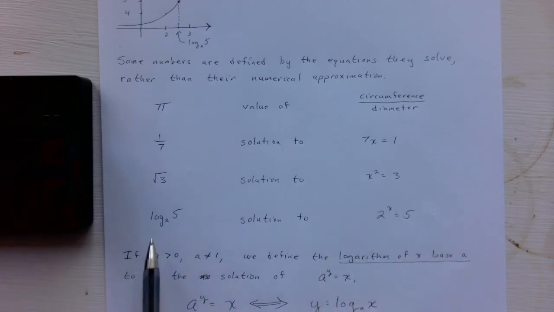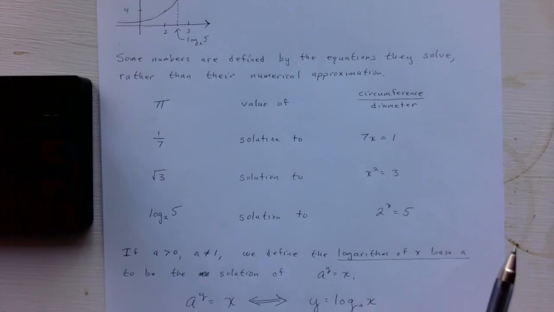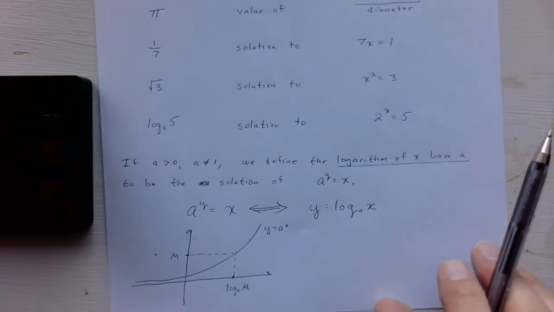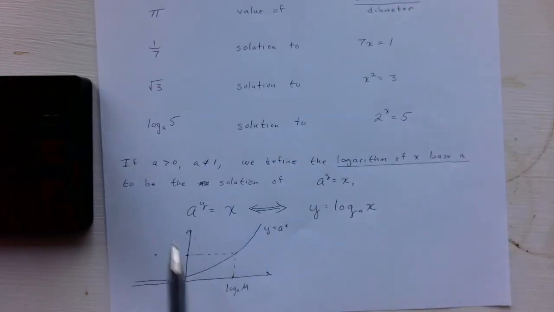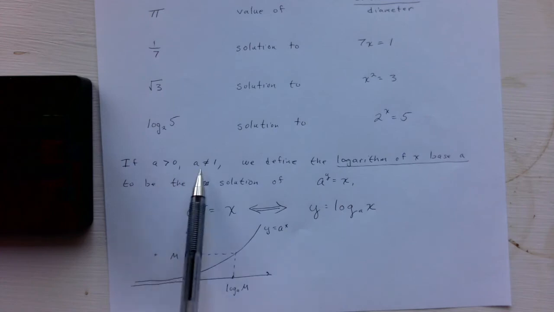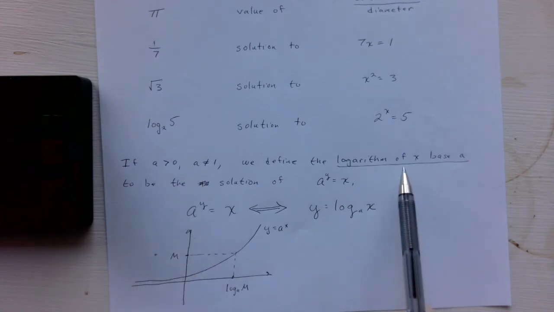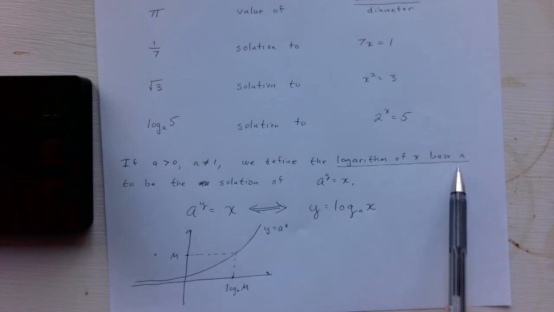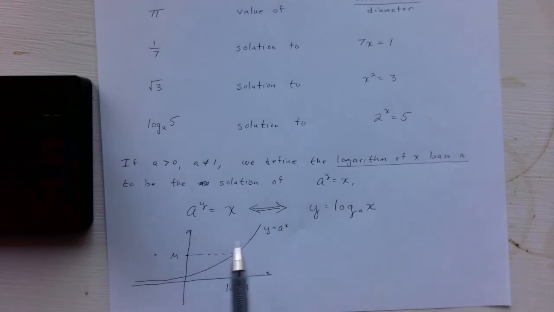And so the log base 2 of 5 we define to be the solution of 2 to the x equals 5. It's the number that you raise 2 to, to get 5. That's by definition what a log is. So the general idea is that if a is any positive number not equal to 1, we can define the logarithm of x base a to be the solution of a to the y equals x.